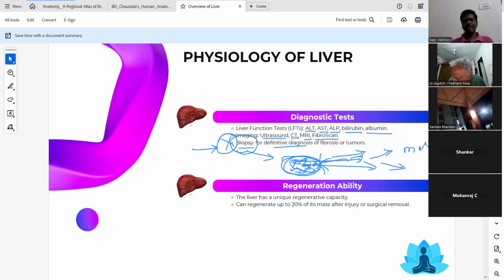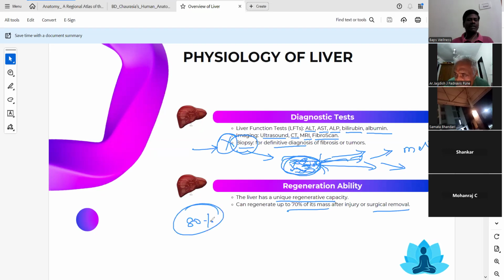Leave that aside. Then the regeneration ability of the liver. It is a unique organ having the capacity to regenerate itself up to 70% of its mass after injury or surgical removal. So this is the reason why even after damage of 80% of the liver, you will not get to know any symptoms.